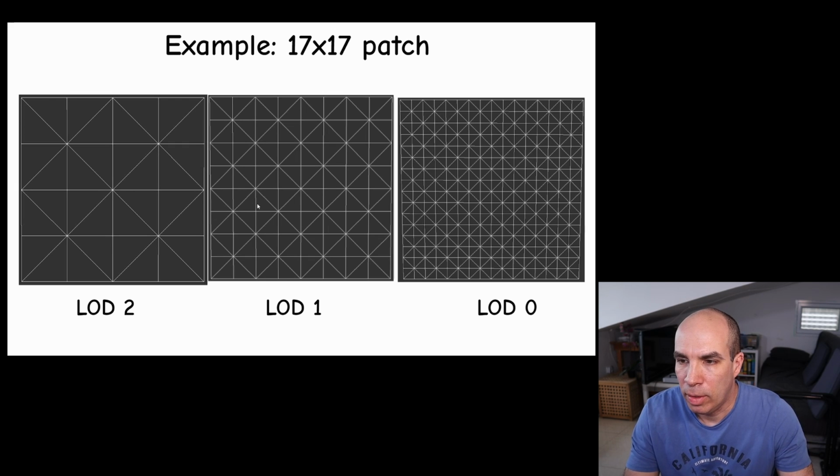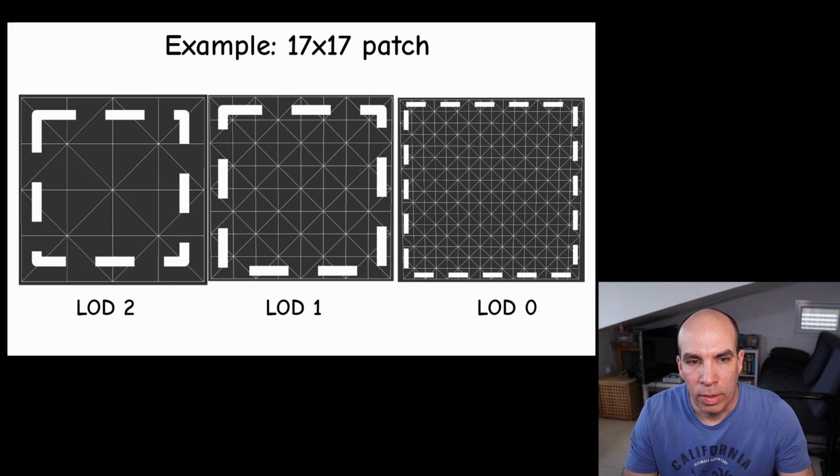And what we can see is that we can divide the patch into 2 parts. So we have a ring here, and the rest is called the core of the patch. The same goes here. There's a ring of triangles all around, and then the core, and the same is here.